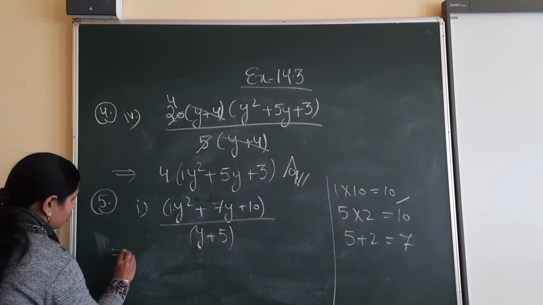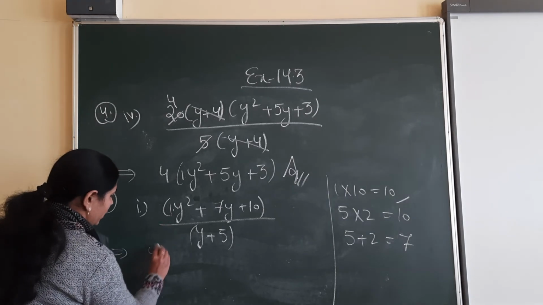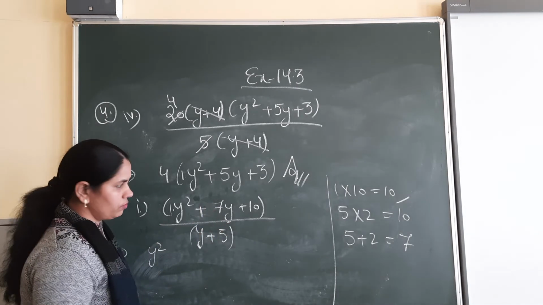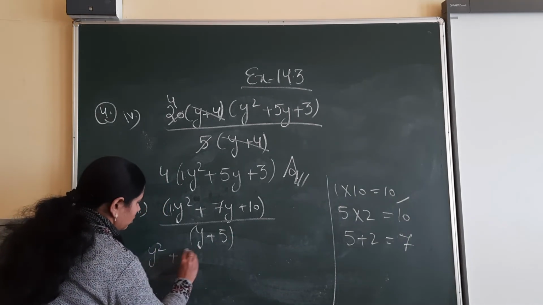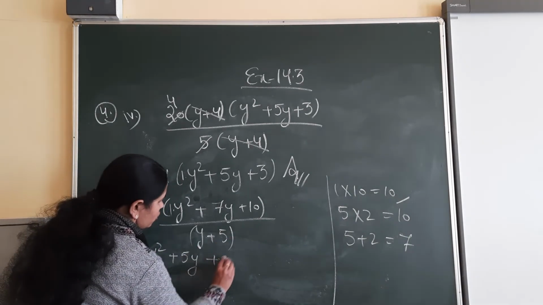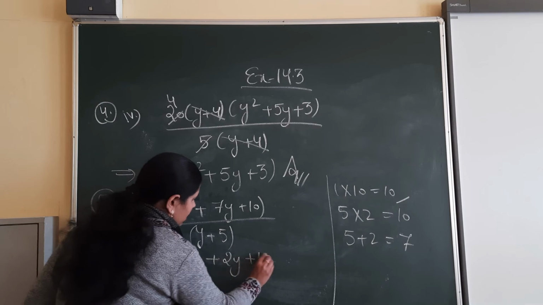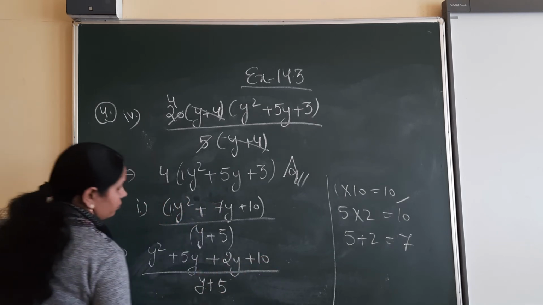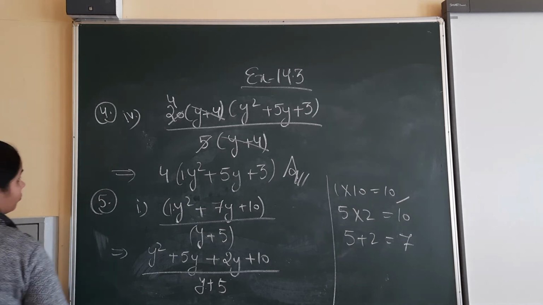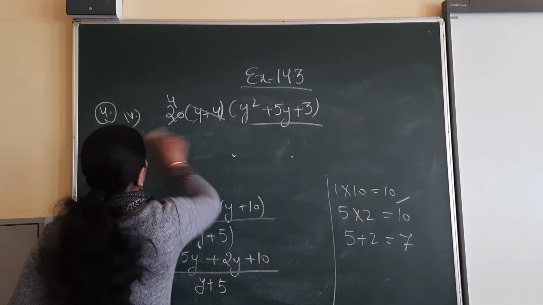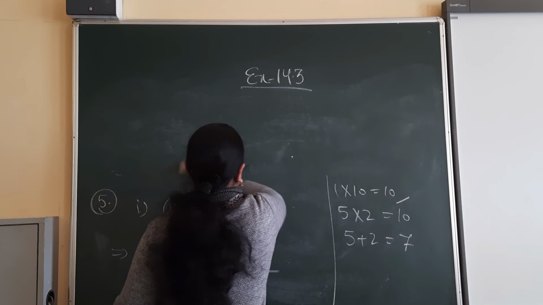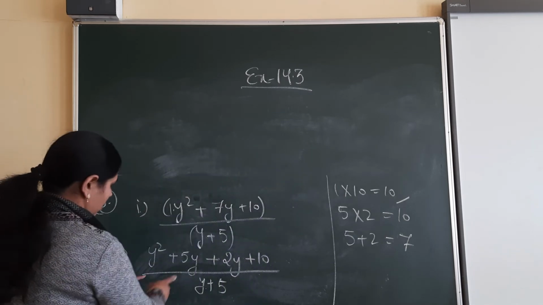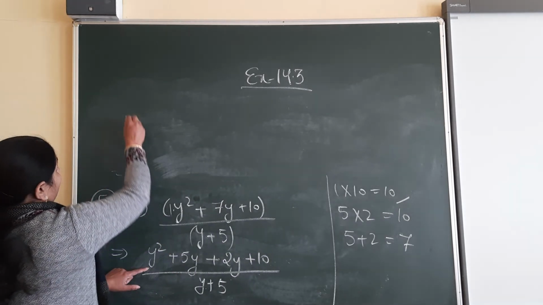Now in the next step, write y square as it is. In place of 7y, we can write 5y plus 2y, plus 10. In the denominator we are seeing y plus 5. After this, take common from the first and second terms.